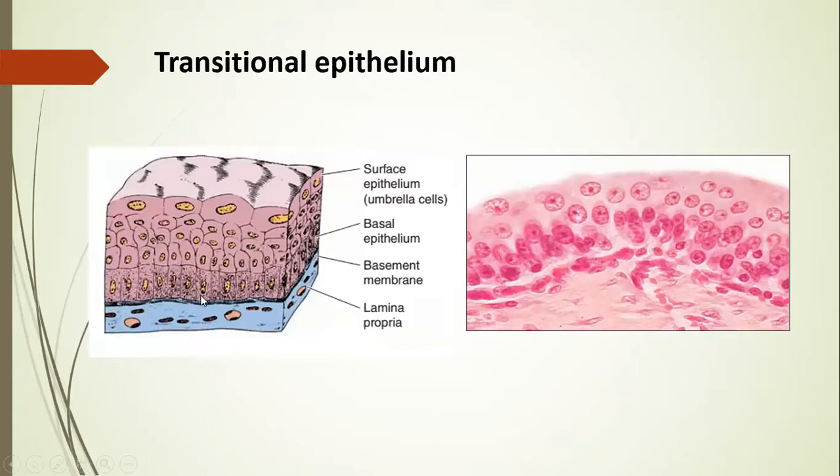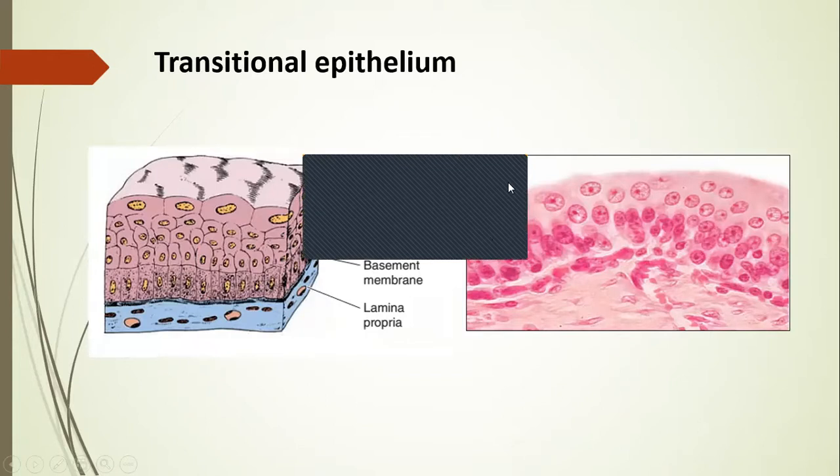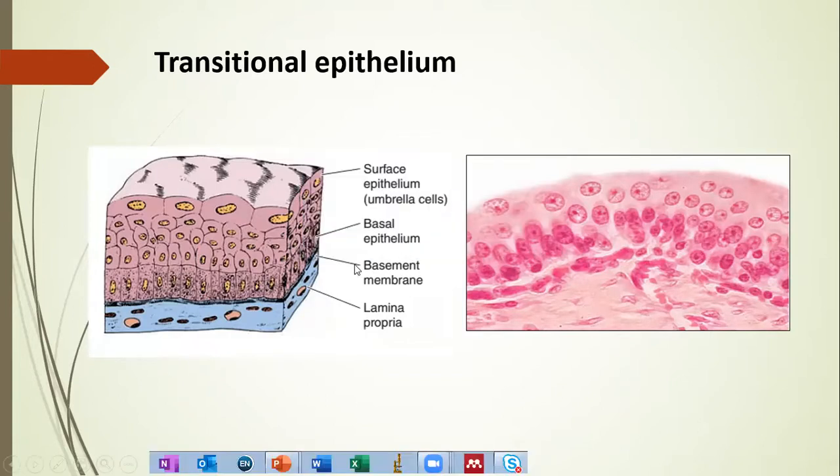As we see here in this schematic drawing, we see the basement membrane, basal epithelium, and on the surface we have the umbrella cells.